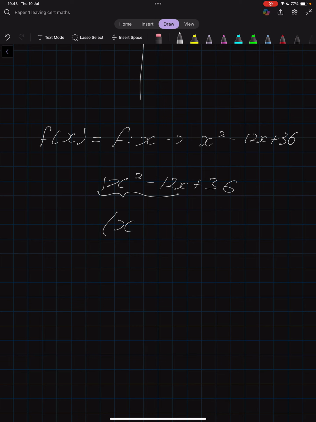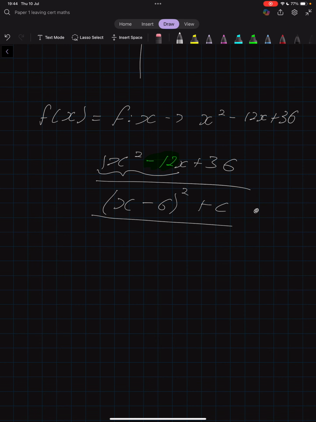You take the x coefficient, divide it by 2, square it, and you add c. Now this has to be equal to this. So you multiply this out and you're going to get x squared minus 12x plus 36 plus c.